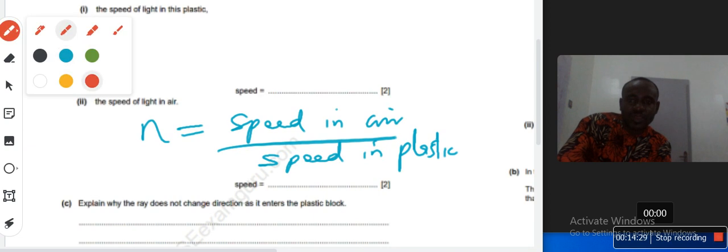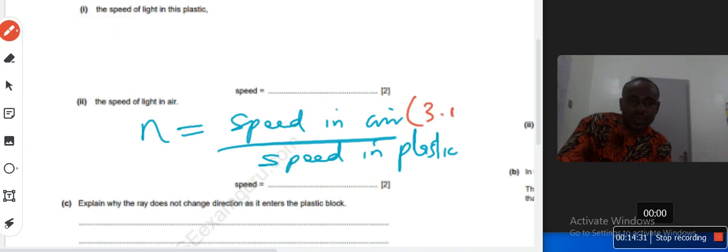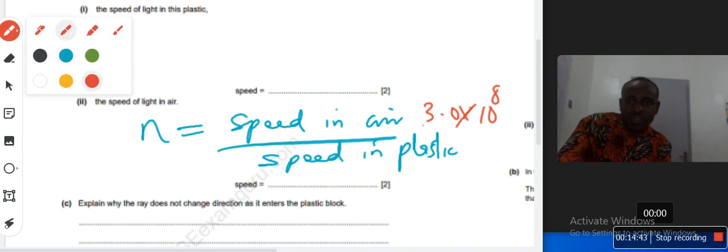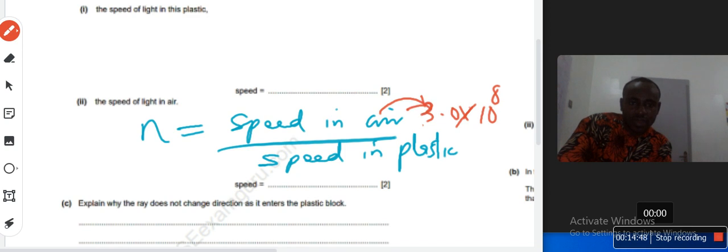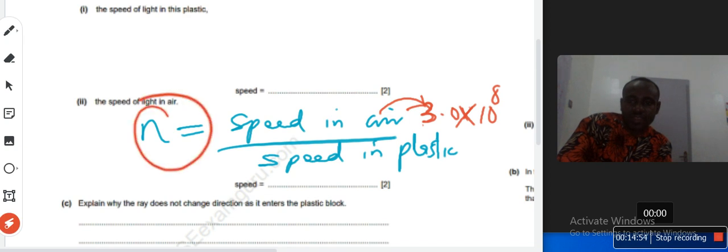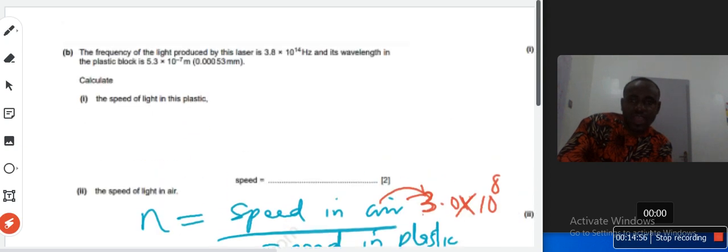Speed in air is approximately 3.0 times 10 raised to the power 8 meters per second. So that's the value we're going to use here. And then of course the refractive index is what was given earlier on.